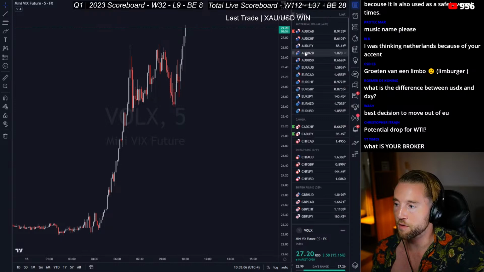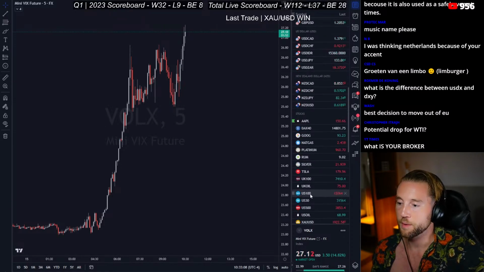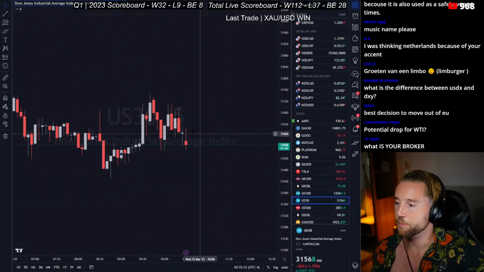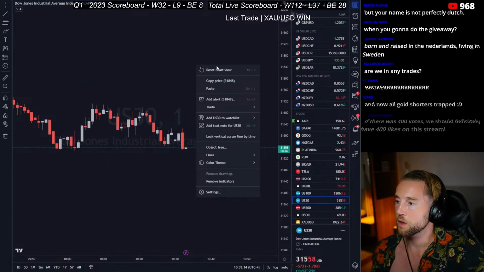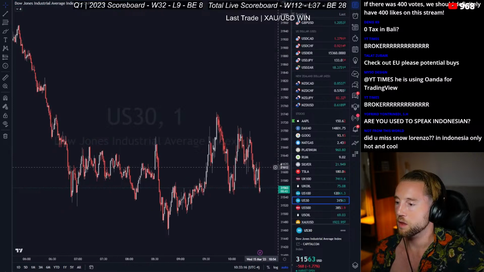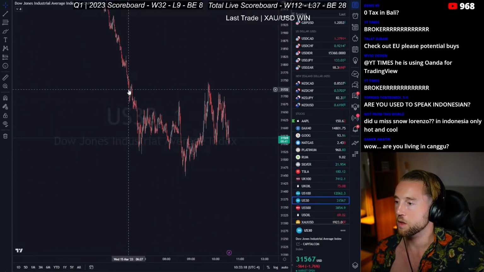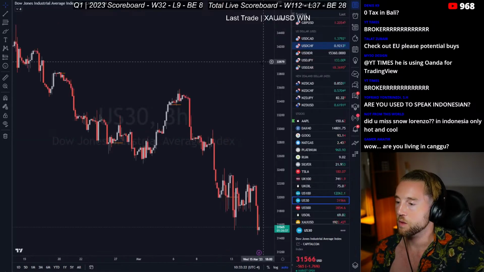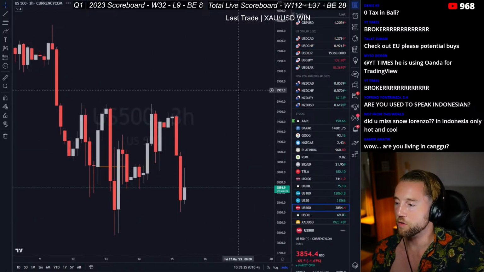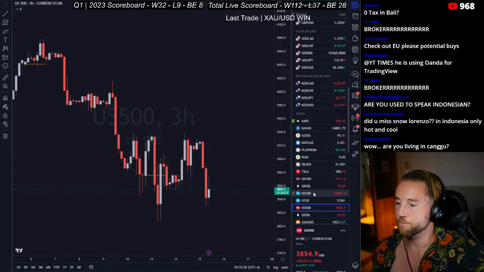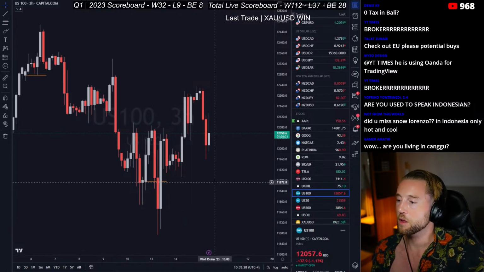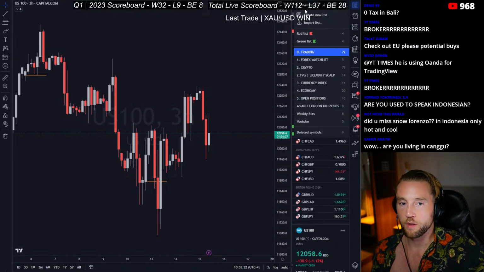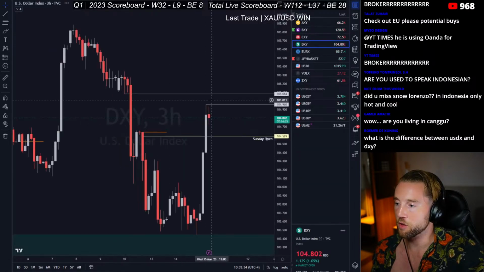VIX is showing a lot more strength here, which means the indices will come down. US30, for example. Absolutely, US500, absolutely. Nasdaq is actually holding quite strong compared to the other charts.